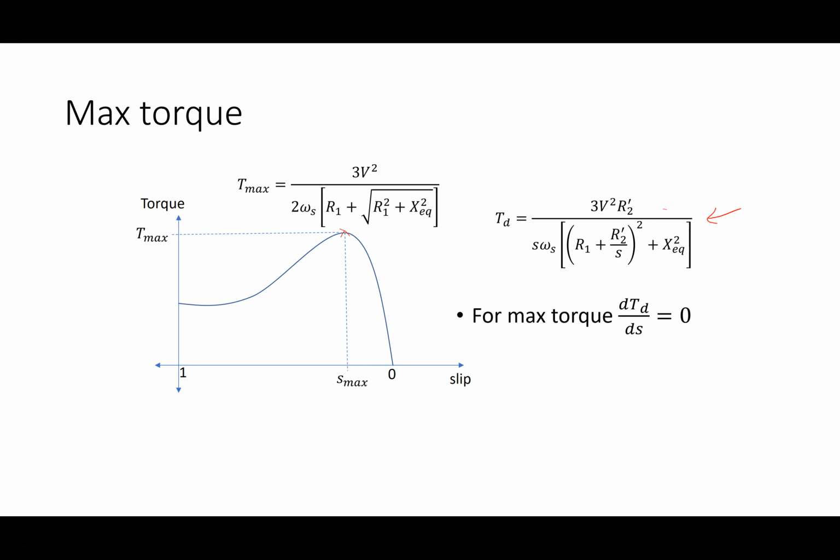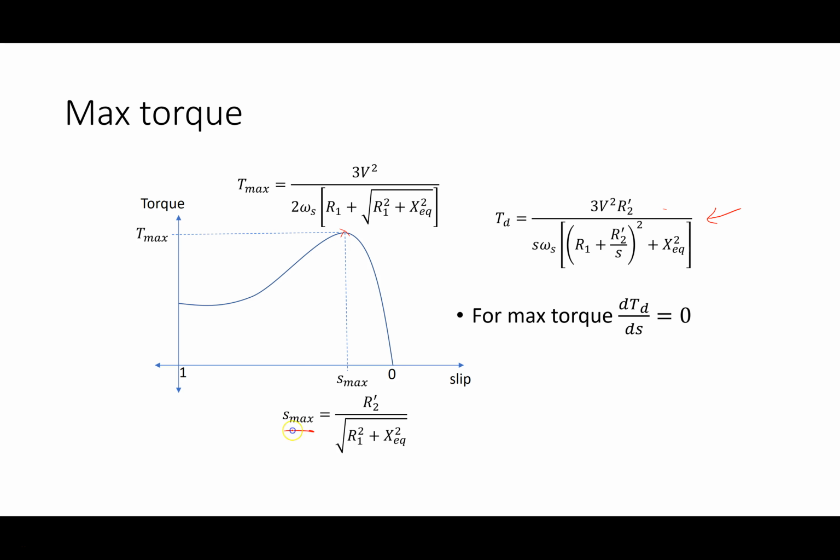Of course, you set it equal to 0. You get T max is equal to 3V squared on 2 omega s times R1 plus the square root of R1 squared plus X equivalent squared. And that happens at a slip of R2 prime on the square root of R1 squared plus X equivalent squared.